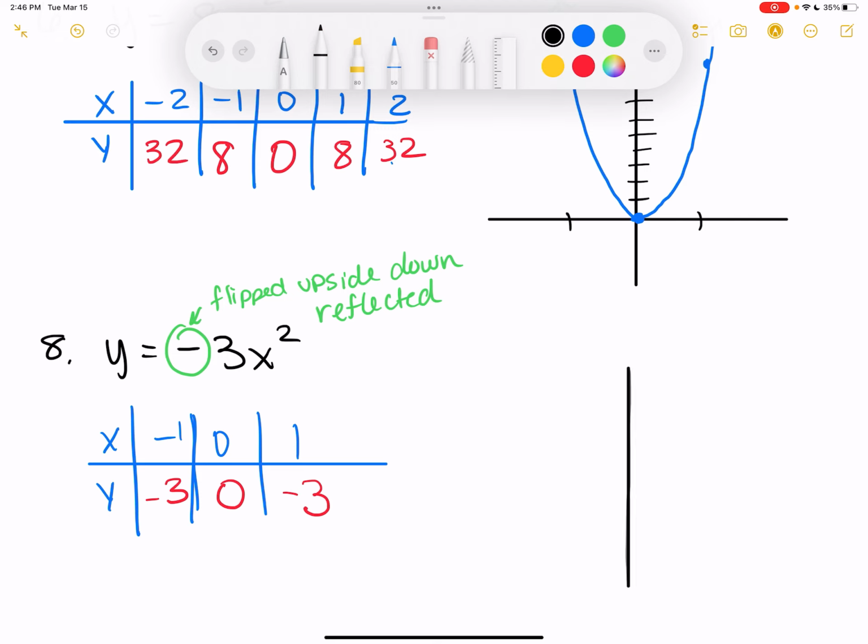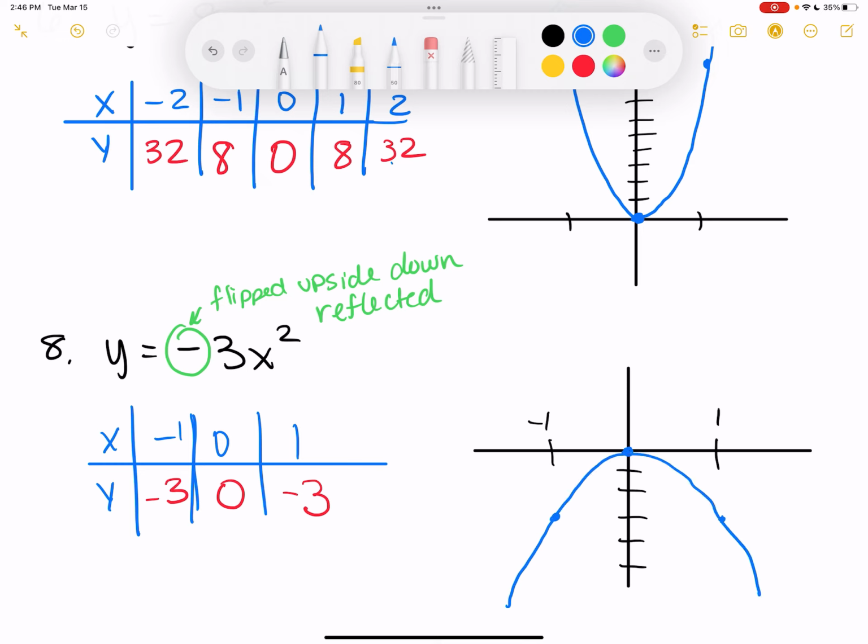So at negative 1, it's at negative 3. At 0, it's at 0. At 1, it's at negative 3. And the lines don't have to be perfect either.